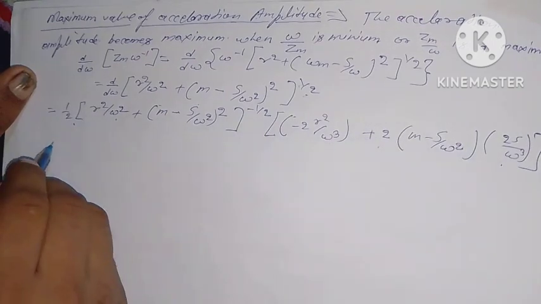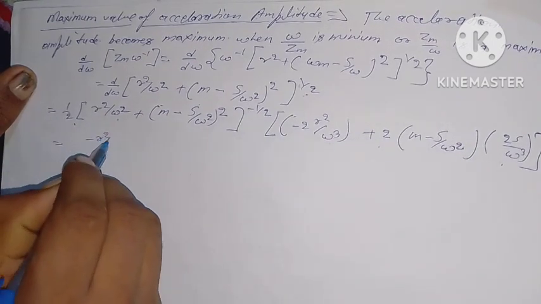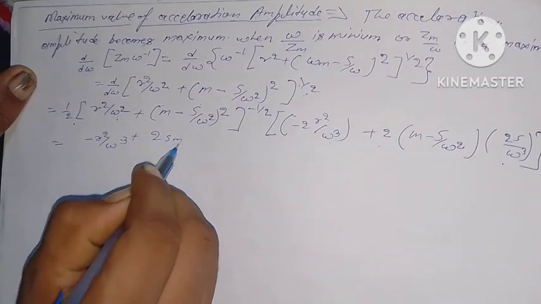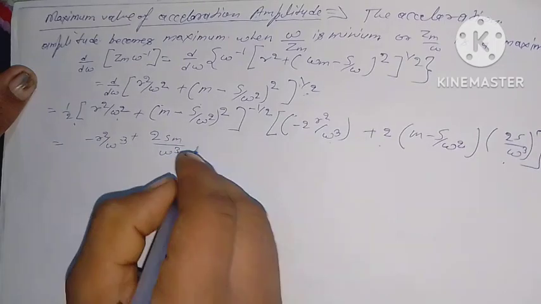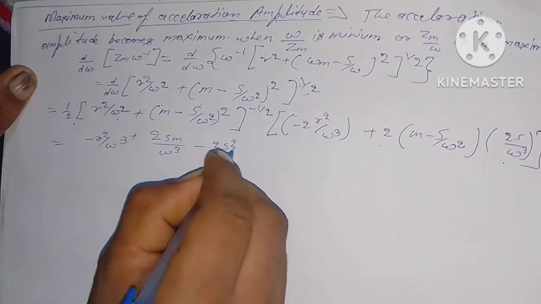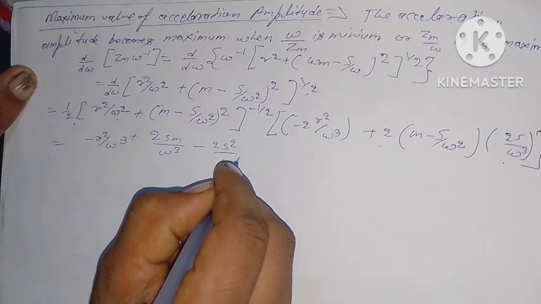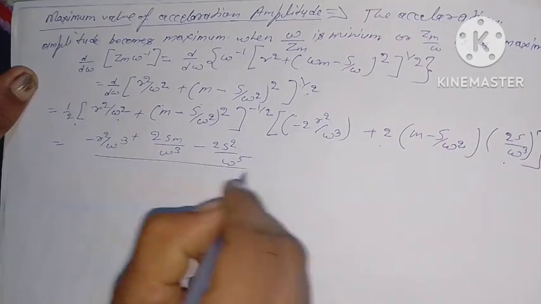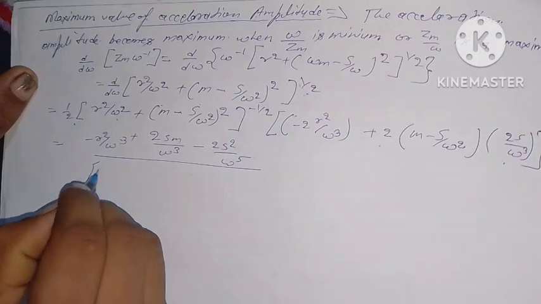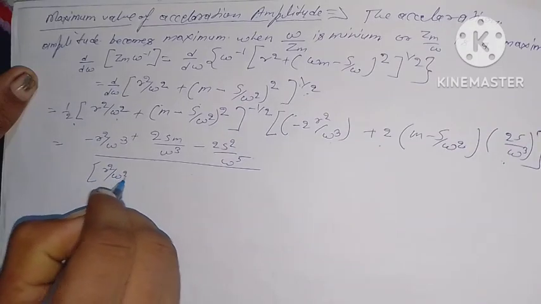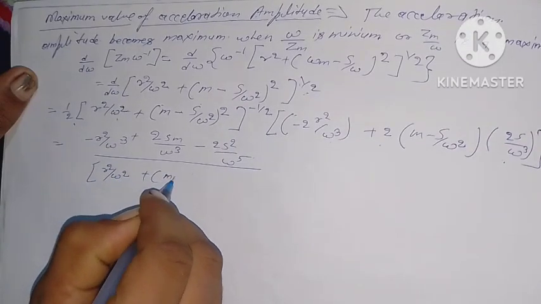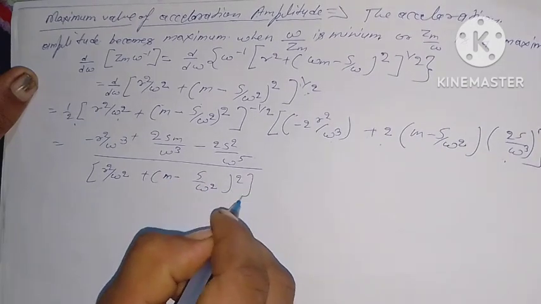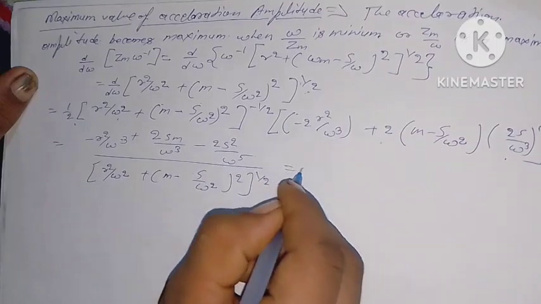That is minus r square by omega cube plus 2sm by omega cube minus 2s square by omega to the power 5, whole upon r square by omega square plus (m minus s by omega square) whole square, that is 1 by 2, equal to 0.